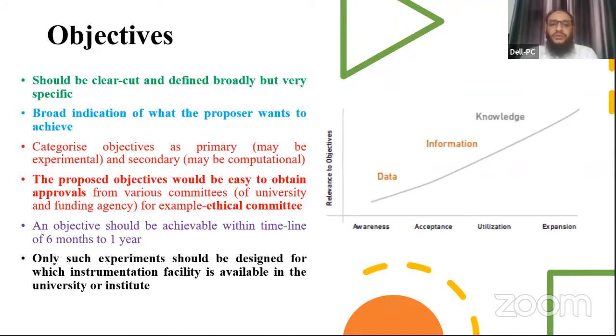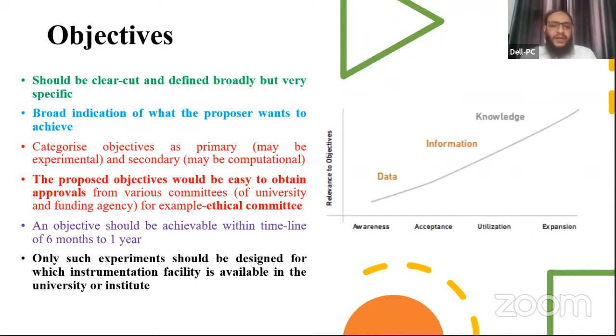So bioinformatics or computational biology gives a new avenue for the justification of your proposal through computational or in silico analysis. So now the funding agencies want to know whether your objectives are computationally verified or not.